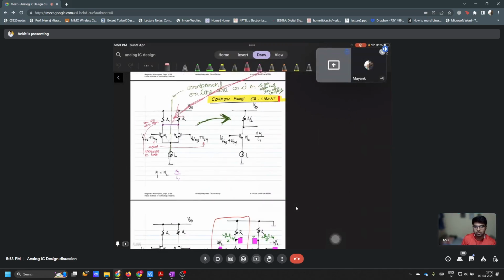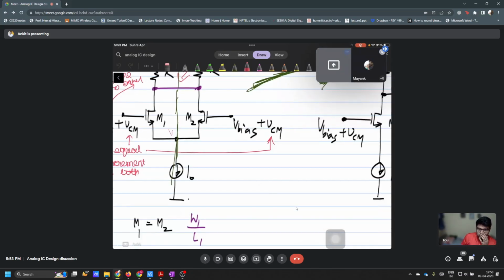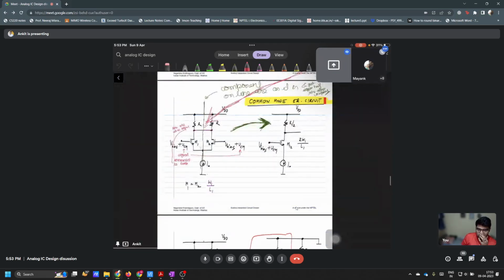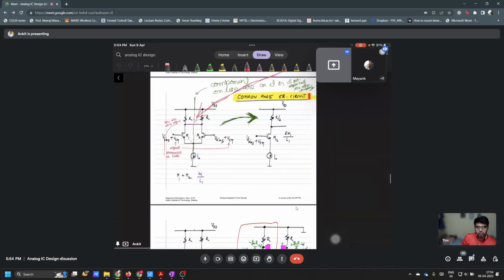Sir, in the common mode, you told Gulshan that this point should not be VCM. Which point? The tail one, sir, where I naught is connected. Okay, so that point should not be VCM, I said.